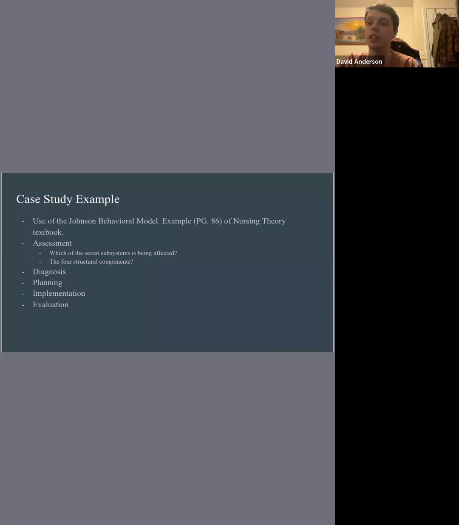So I believe one of the suggested interactions in the book was to restrict dietary guidelines for this patient, which would change their choices and probably change their drive and set, and then their action would change to a more positive consequence rather than a negative consequence. And then with this, we're going to also move on to our diagnosis, planning, implementation, and evaluation. Because again, finding those subsets are a part of the assessment.